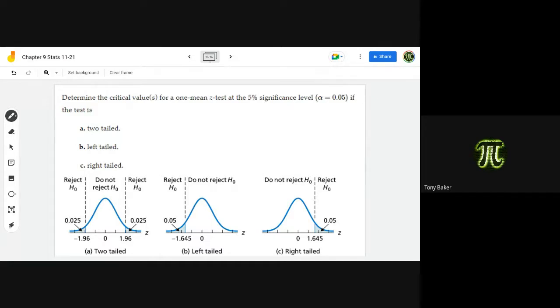So this was negative 0.05. My 11.7 is over here. Therefore, I'm not rejecting my null hypothesis because it's over this section here. That's in essence what you're doing. You're just trying to figure out which side of that line it's on. Since it's on this side, I'm not rejecting.